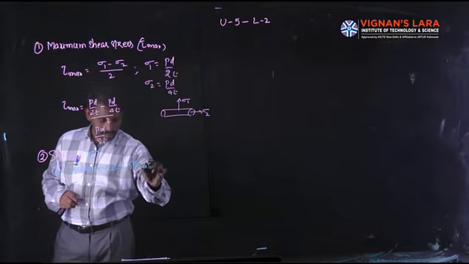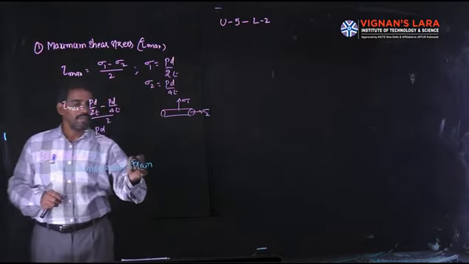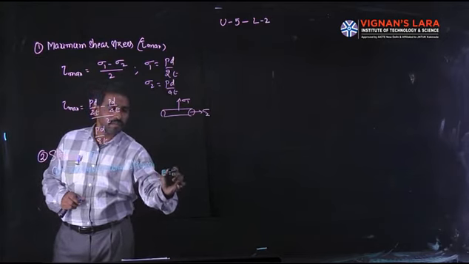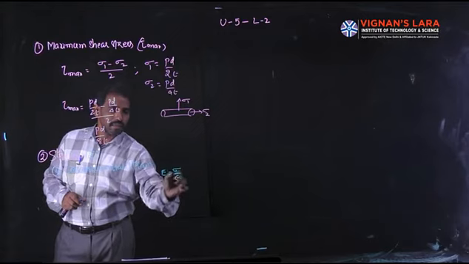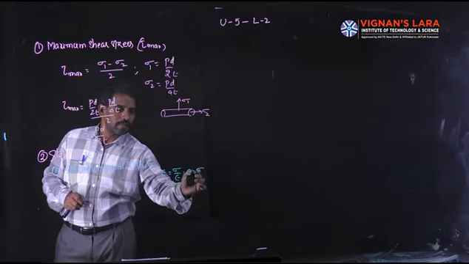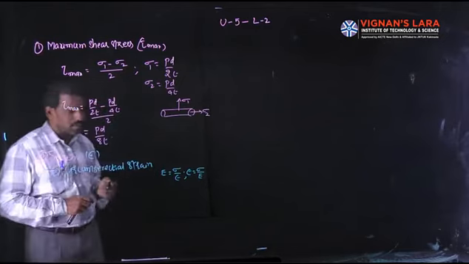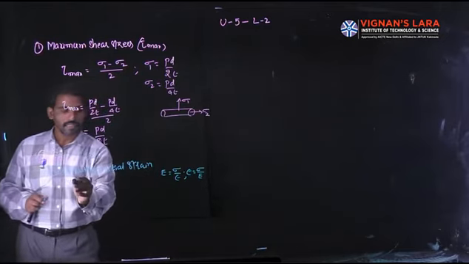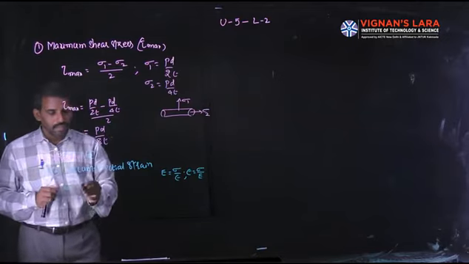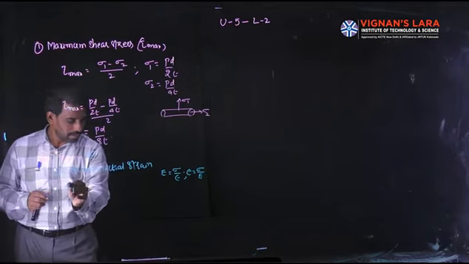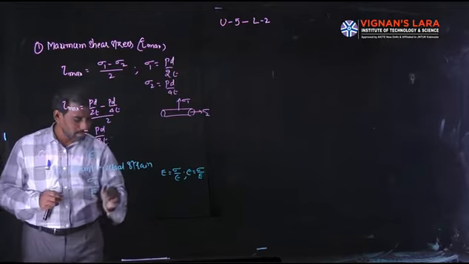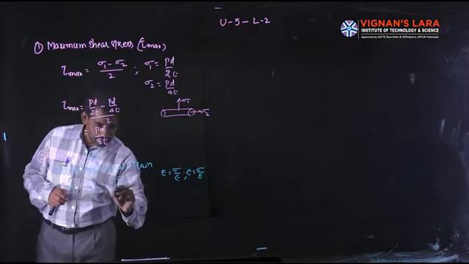As we know, Young's modulus E is equal to stress by strain. From this equation, strain is equal to stress by Young's modulus E. Here the circumferential strain is represented by epsilon 1, which is equal to sigma 1 by E minus sigma 2 by mE.